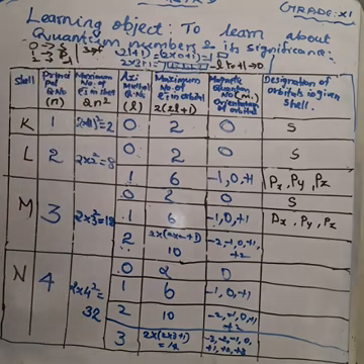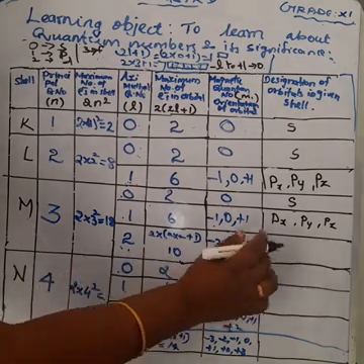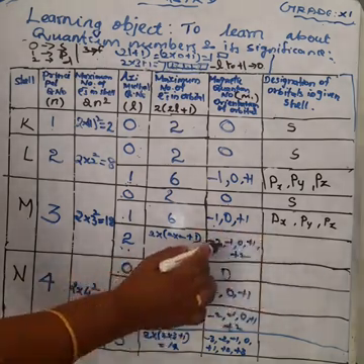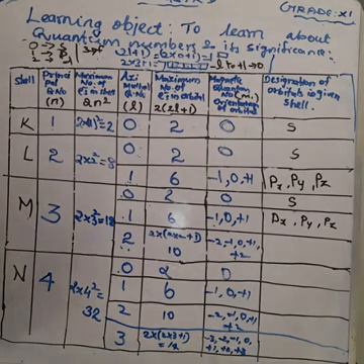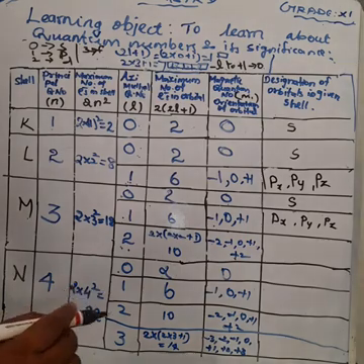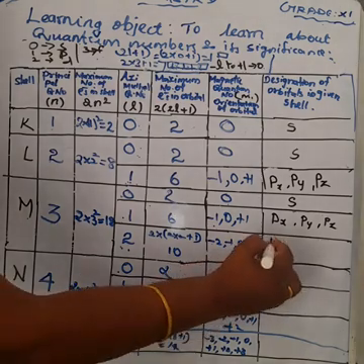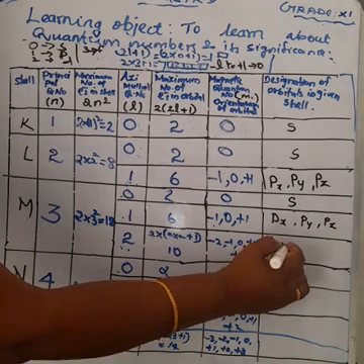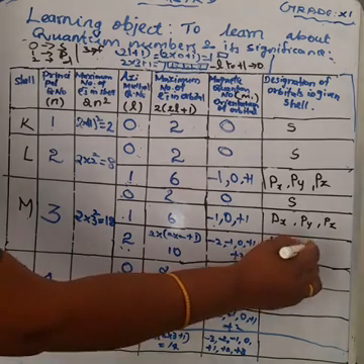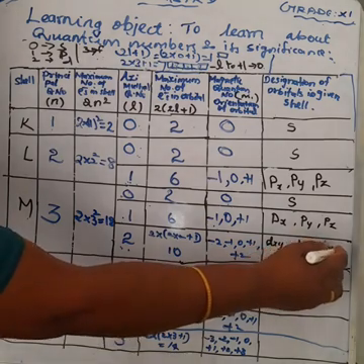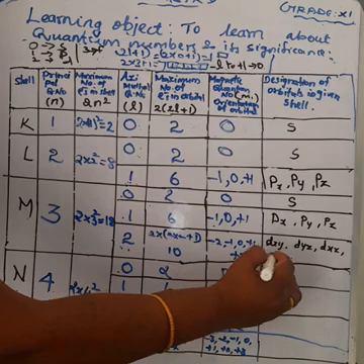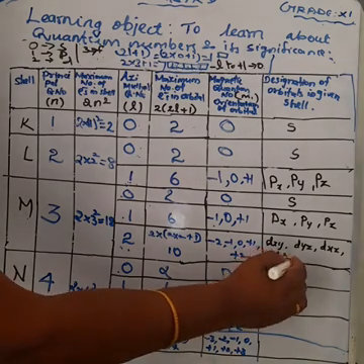For the D orbital, how will you write the orientation? How many orientations are there? 1, 2, 3, 4, 5 orientations. In the D orbital, totally 5 orbitals are there. They are dxy, dyz, dxz, dx square minus y square, and d z square.